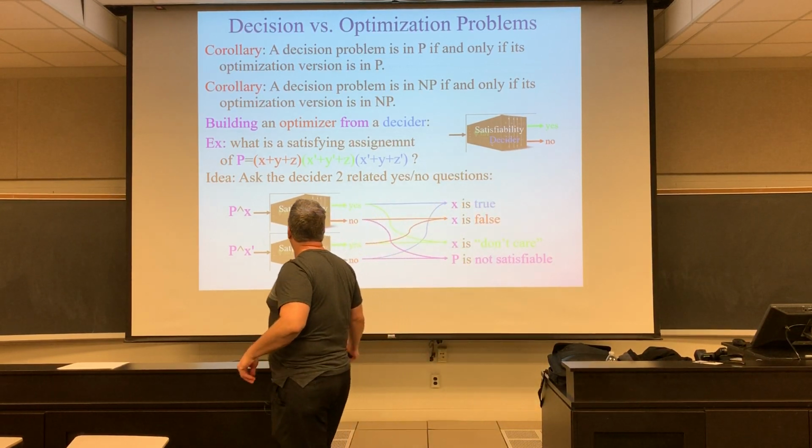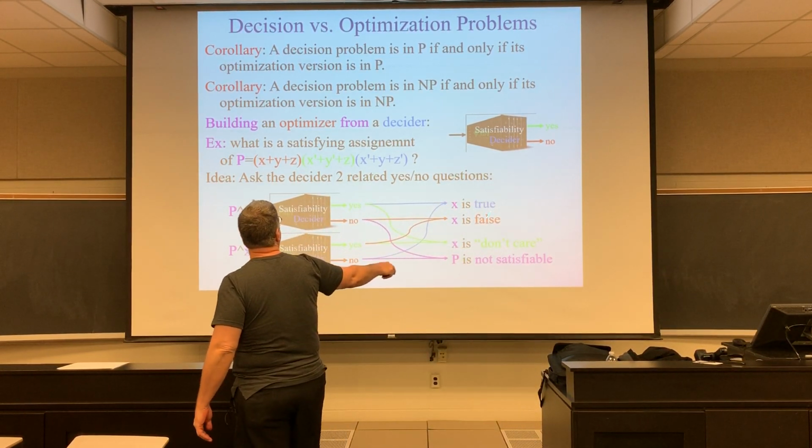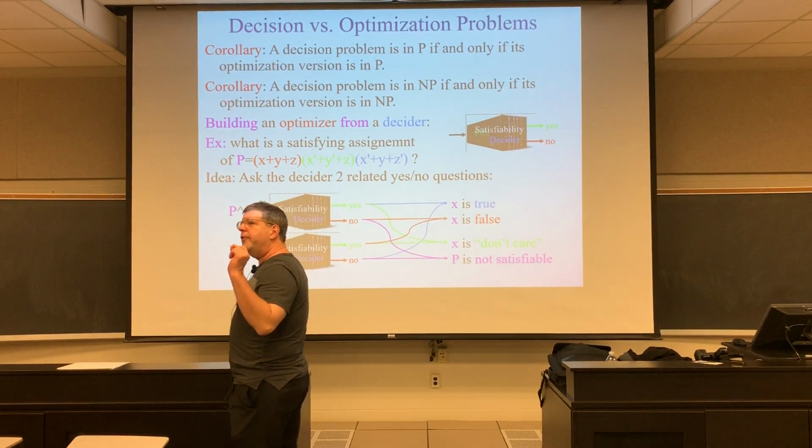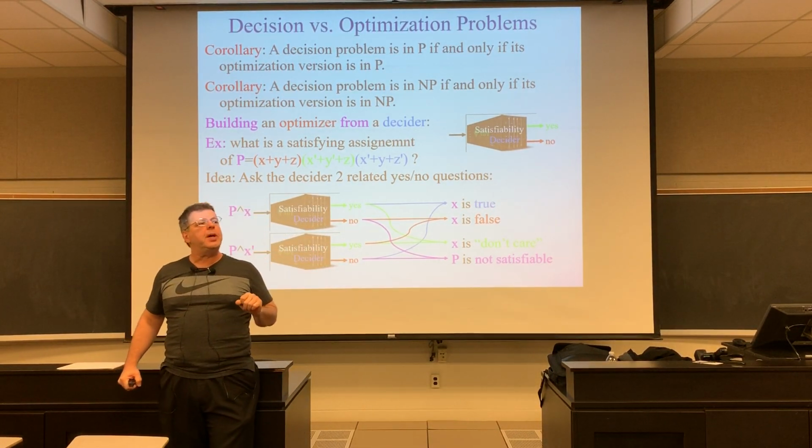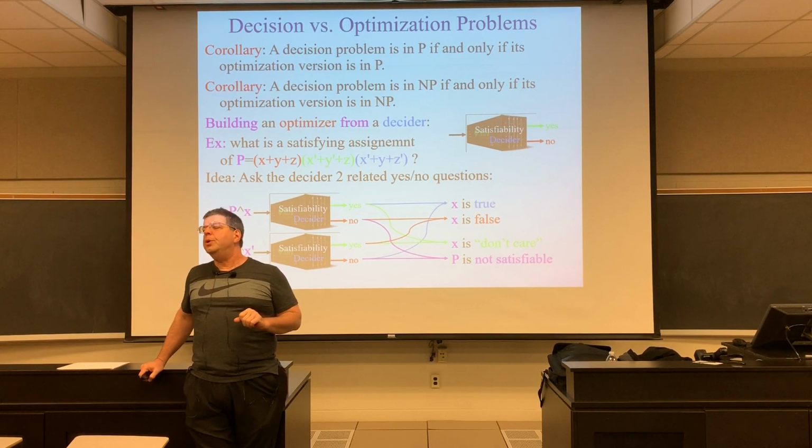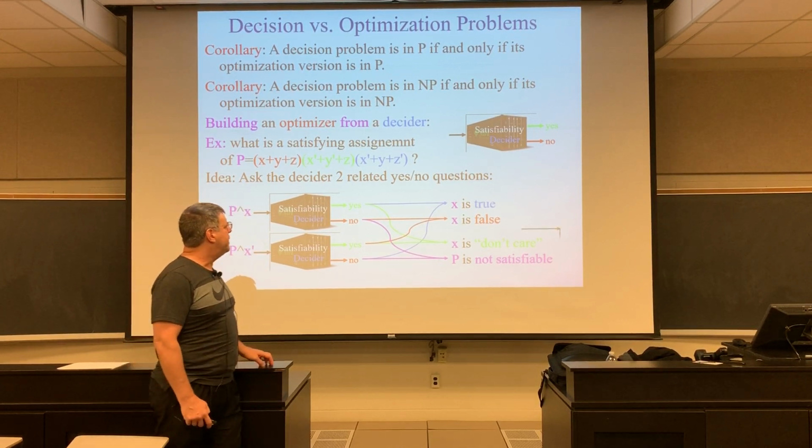Okay. So by now we extracted from the decider the value of X in some satisfying assignment. What do you do next? Do it again for another variable and another variable, and keep squeezing it for information one bit at a time. In other words, you iterate.